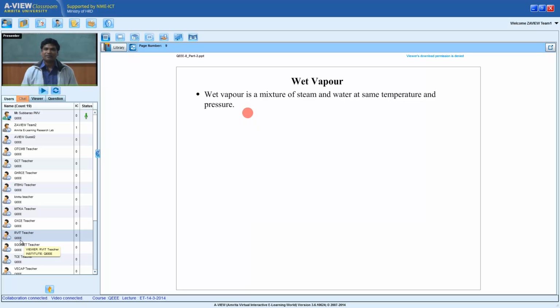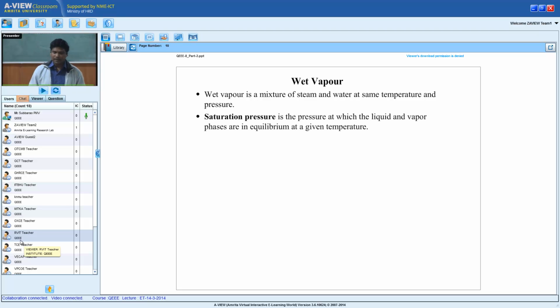Who decides? Even today this is one of the wonderful areas of knowledge where people use hi-fi techniques to understand it. The saturation pressure is the pressure at which liquid and vapor phases are in equilibrium. For every substance there is a pressure at which two phases can coexist.